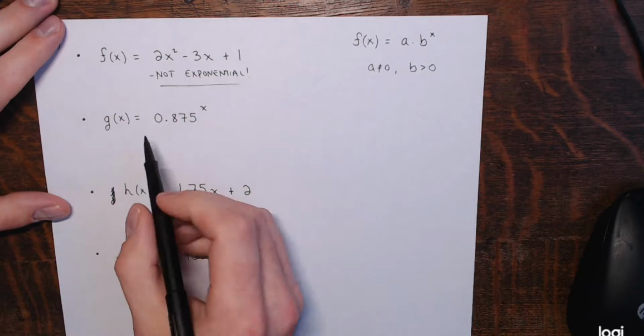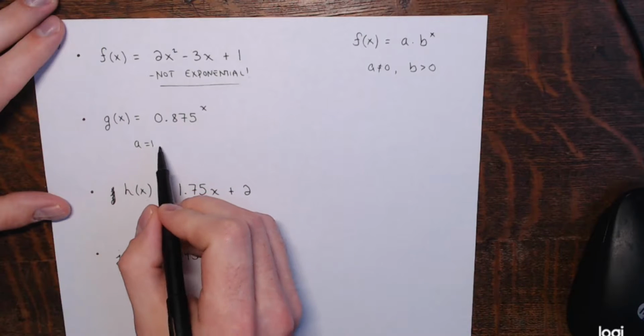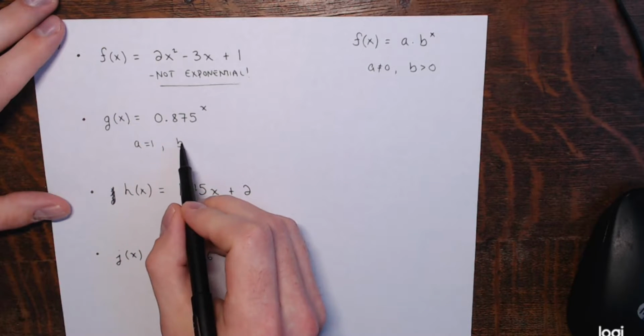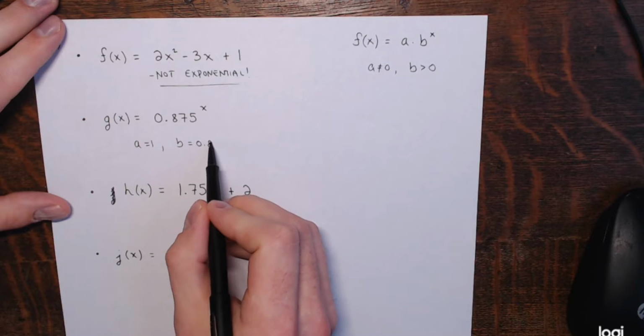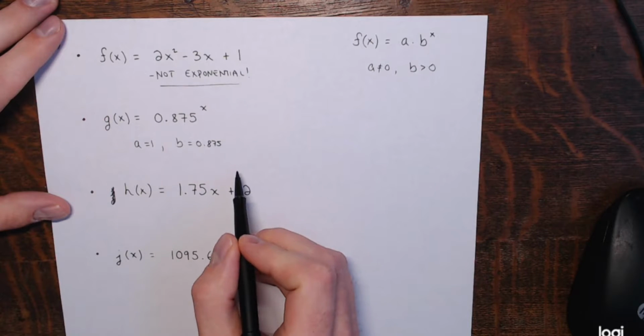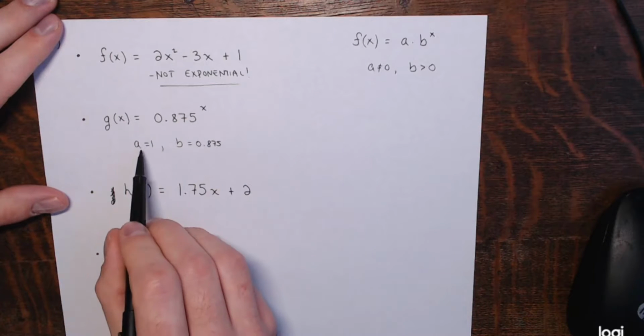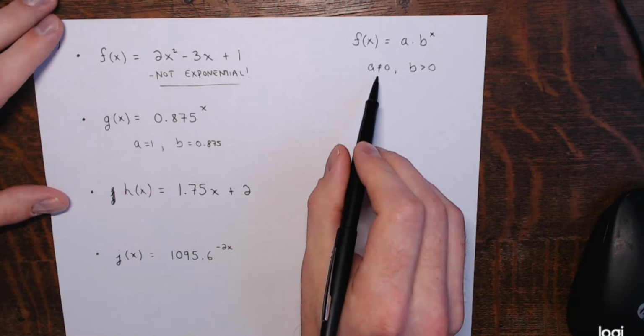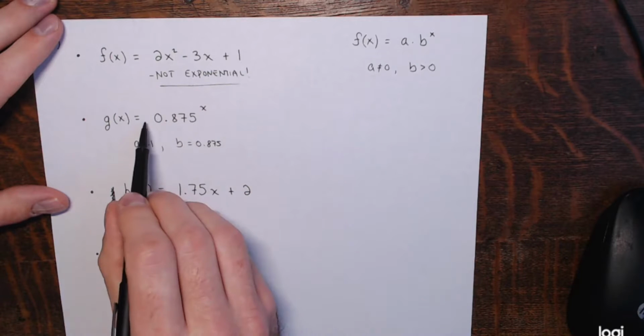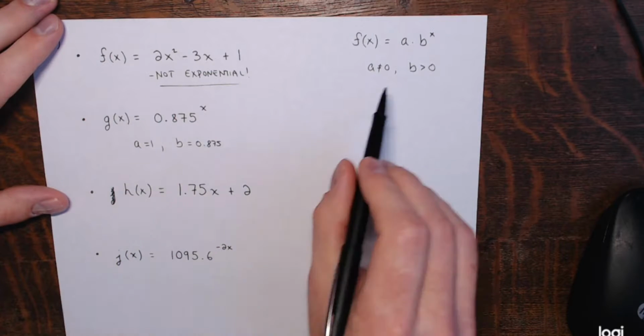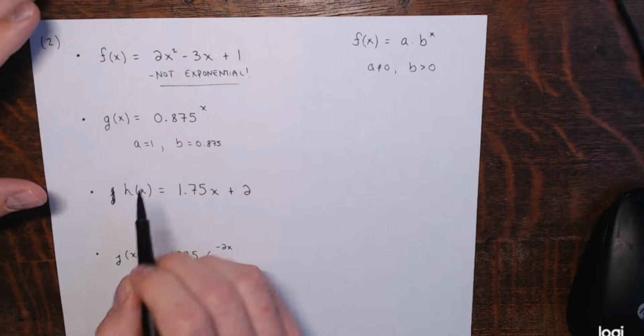Here, this is in that form. The value of a is 1. The value of b is positive 0.875, or 7/8 if you write it as a fraction. But that initial value a is not 0, and the base is a positive number to the x power here. This is exponential.